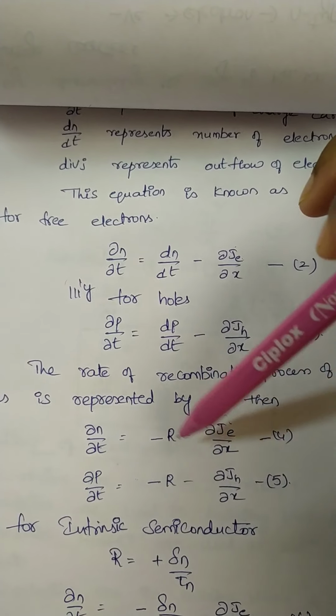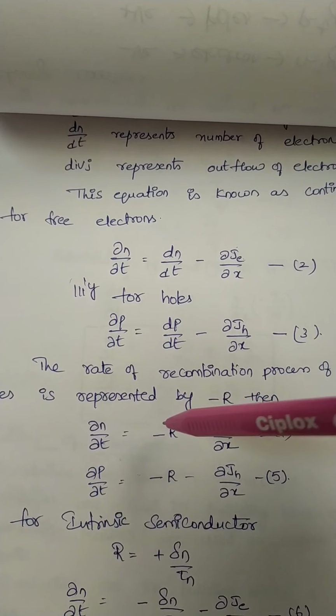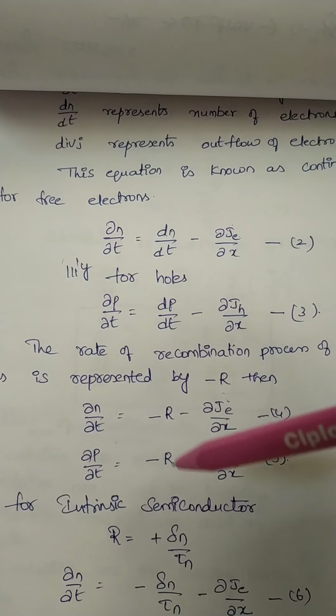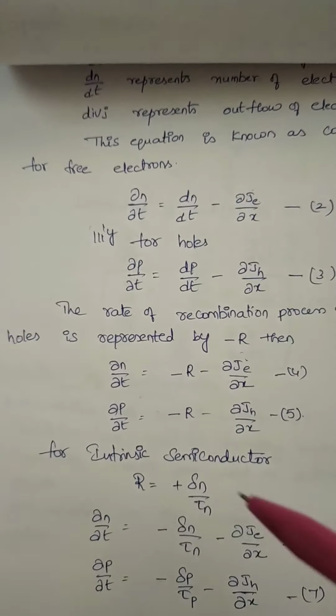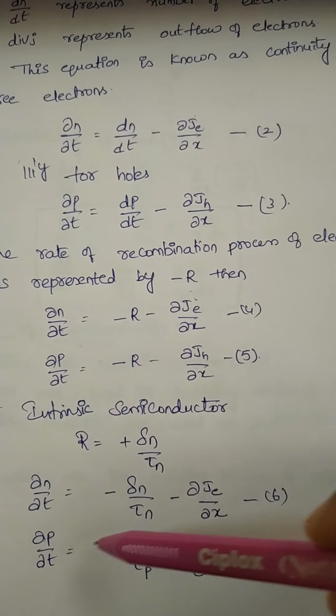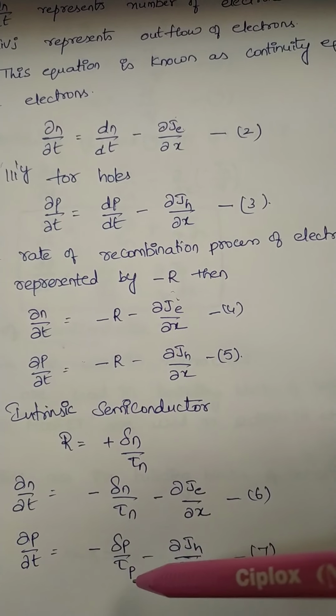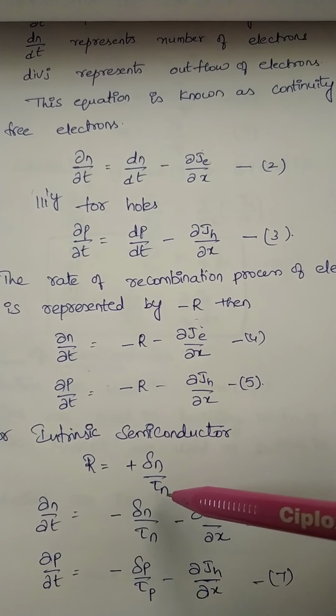In the case of an intrinsic semiconductor, the value of R can be written as Δn/τn for ∂n/∂t, and Δp/τp for ∂p/∂t.